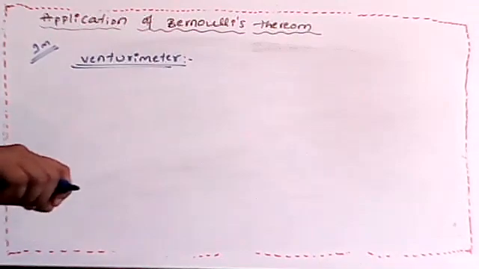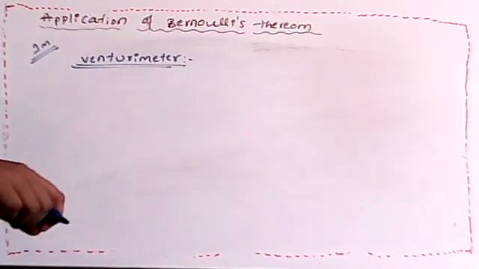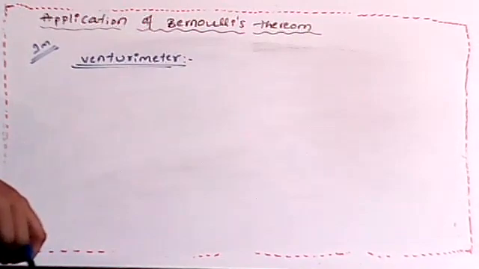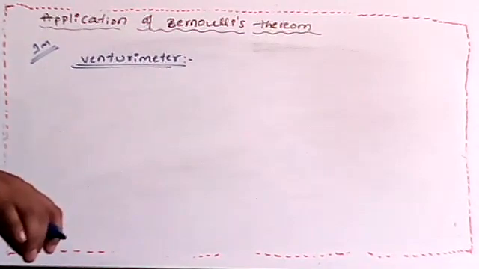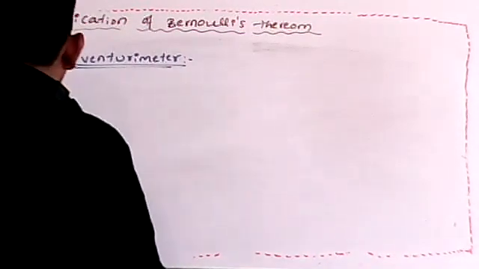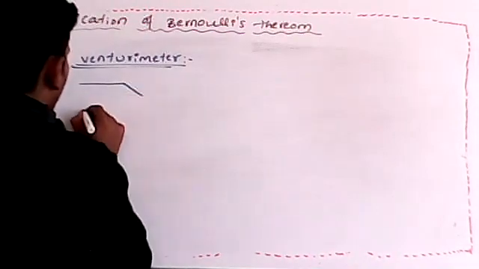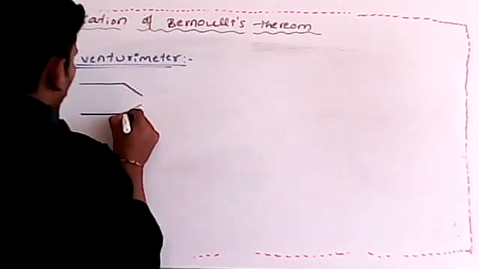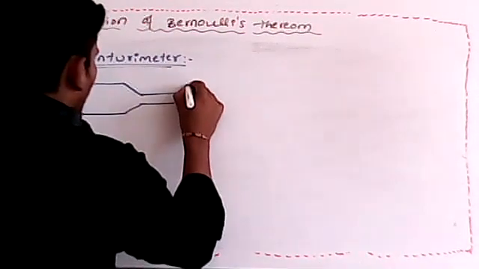To measure the speed of liquid. What type of liquid is that? That is incompressible liquid. That type of device is called a Venturi meter. How it looks: a Venturi meter has various areas of cross section, like this.